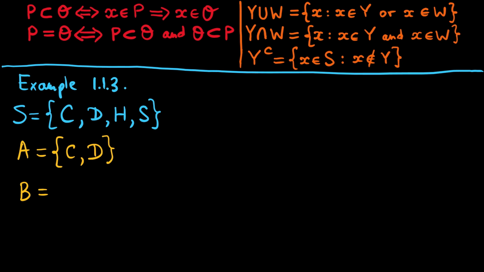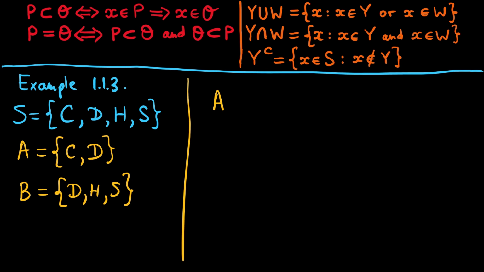Event B consists of D, H, S. Only 2 events, but we are interested in what A union B is, what A intersection B is, and what the complement of A is.